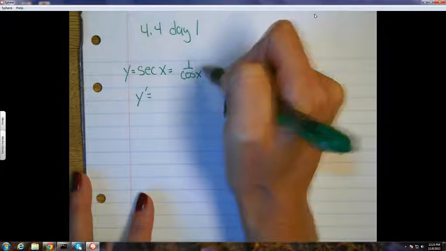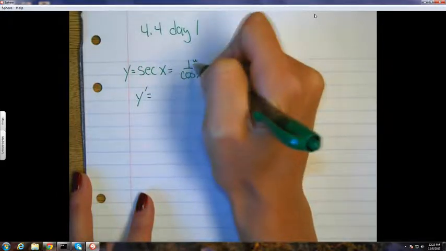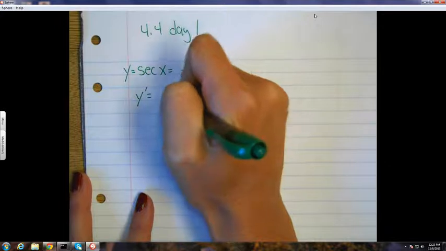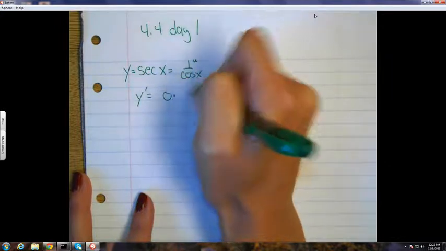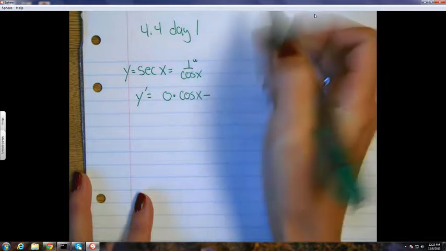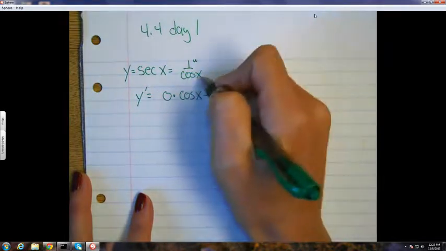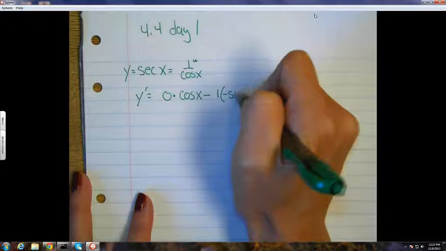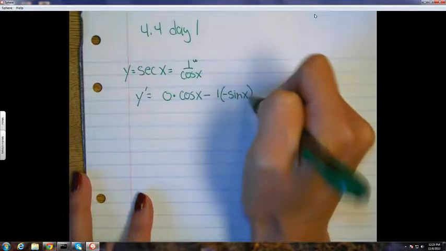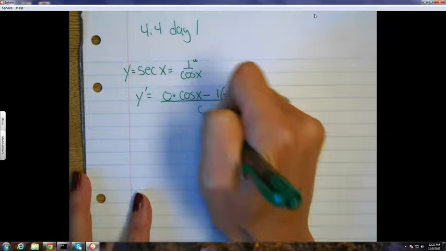I'm going to go u over v. So the u is a 1, and the derivative of 1 is 0, times the v, subtract the top, multiplied by the derivative of the bottom is negative sine x, all over the bottom squared.